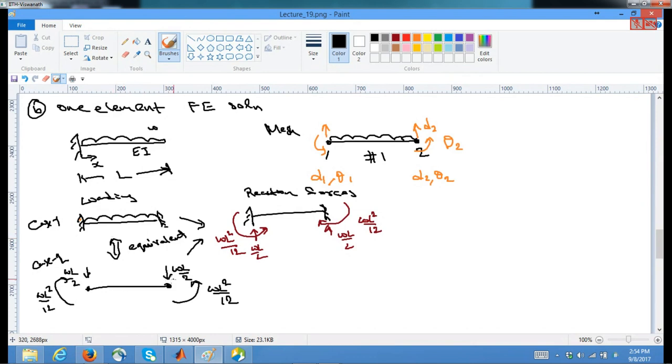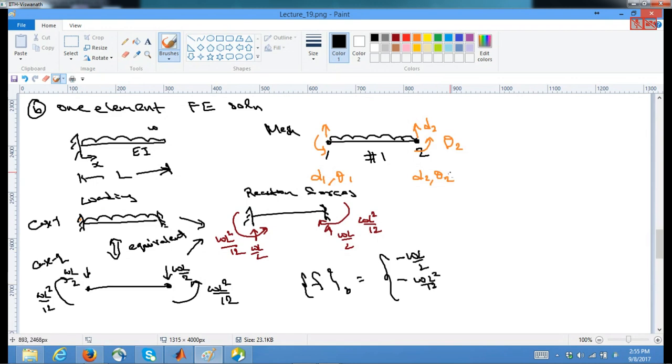So for this set of loading conditions, let us write my force vector. Look at the direction of this compared to this one. It is in the opposite direction with respect to this. So that's the reason I put W with whatever the magnitude. This direction is the positive direction, whereas the moment at this is in the opposite direction, so I again put a negative sign.